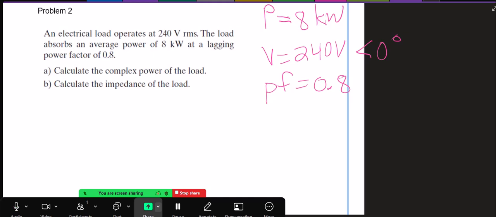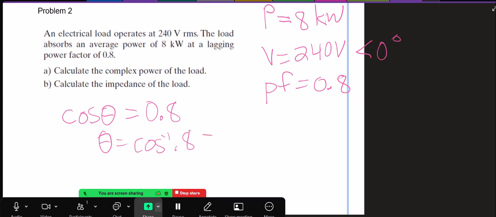but I think it's easy, and it's the way you do it in power class. We know that the cosine of theta, that's what the power factor is, is 0.8. So theta is the inverse cosine of 0.8, which is 37 degrees.